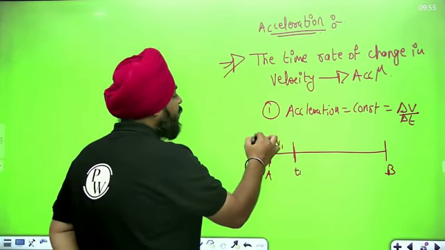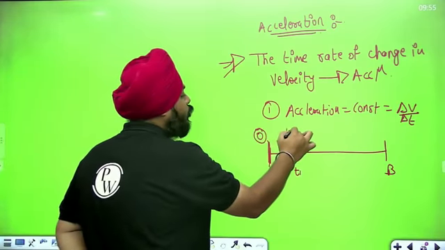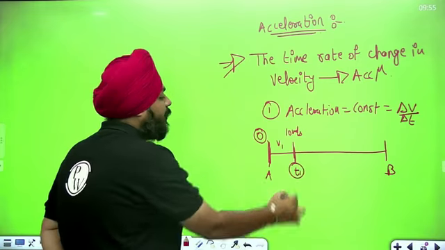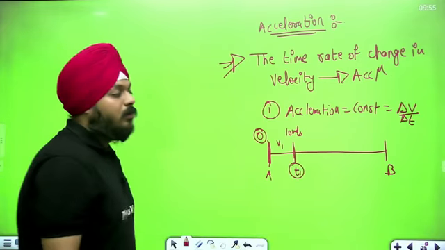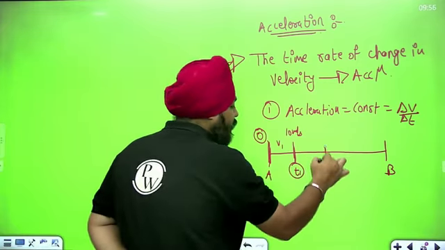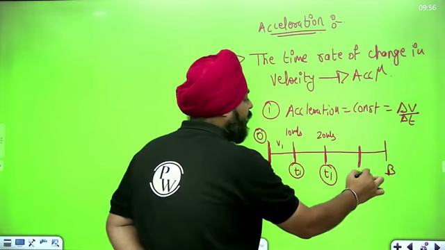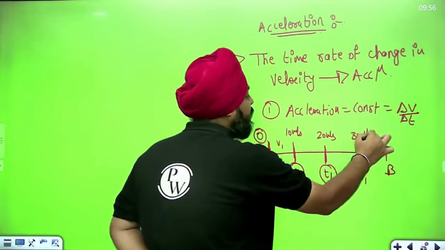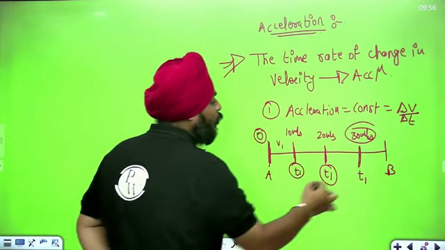Suppose it started from 0 and reached 10 meter per second in time t1. In another t1 it reached 20 meter per second, in the third t1 it reaches 30 meter per second, and in the fourth t1 it reaches 40 meter per second.